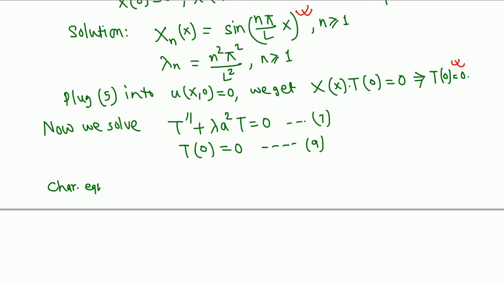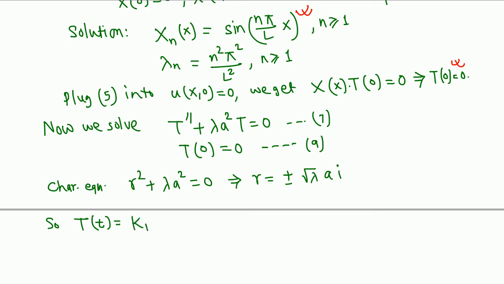So the characteristic equation is r squared plus lambda a squared equals 0. That implies move lambda a squared to the other side, so r equals, and take square root, we get plus or minus root lambda a i. That means the solution for 7, T as a function of t, is, let's put some constant k1 cosine of root lambda a t plus k2 sine root lambda a t.